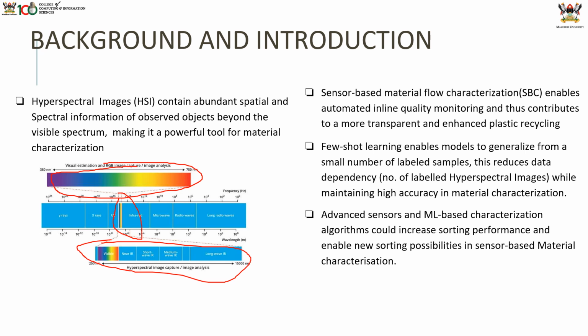Feature learning enables machine learning and deep learning models to learn and generalize from a small number of labeled samples. So this reduces the data dependence, and hence very small data sets are required.